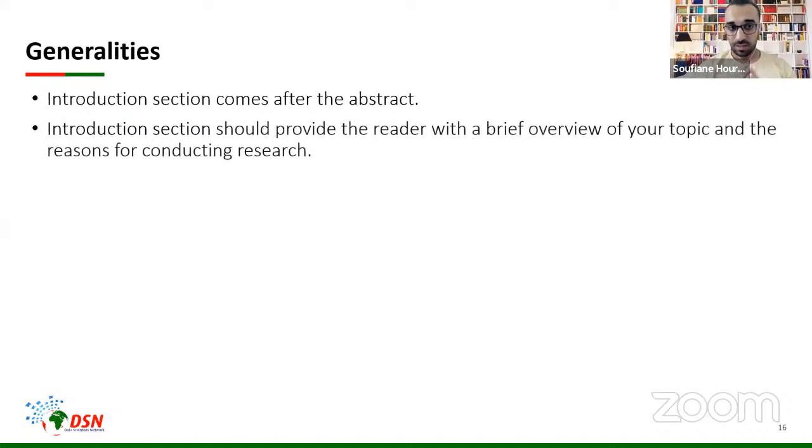The introduction should provide the reader with a brief overview of the topic and also the reason for conducting the research. So we start by putting the general idea of why we are writing this paper, in order to gain and attract the interest of the readers.